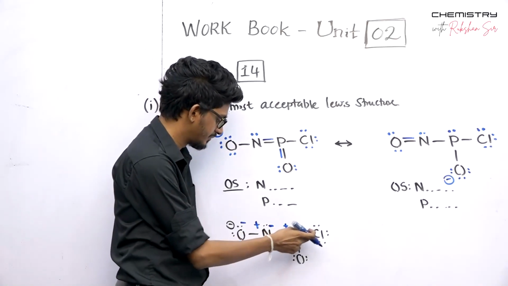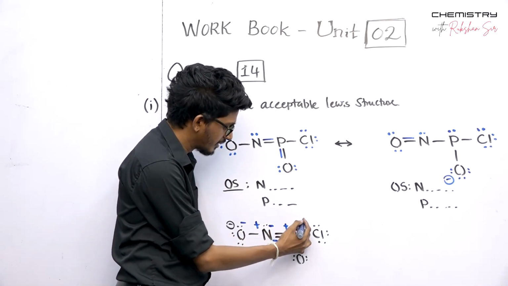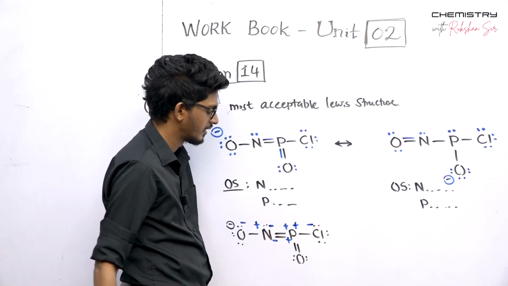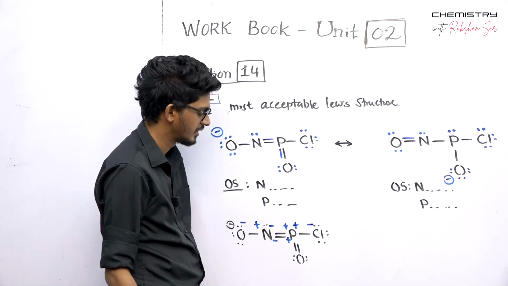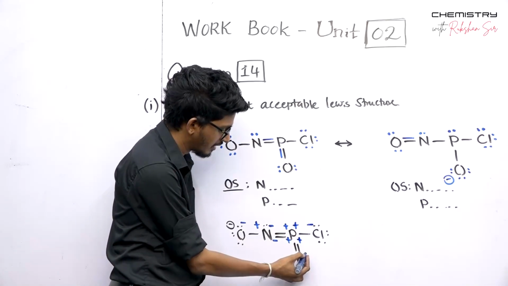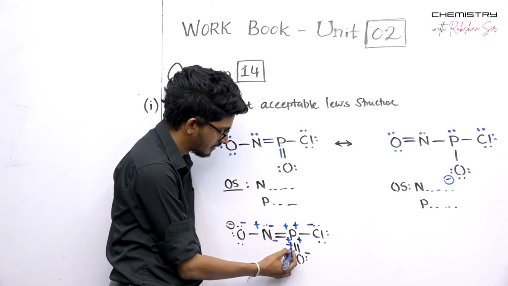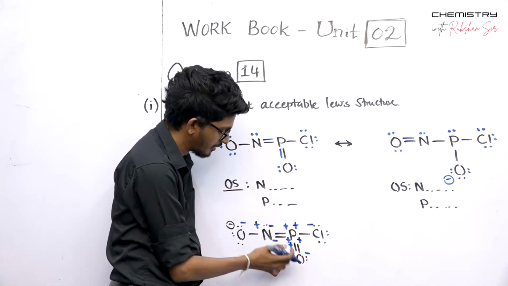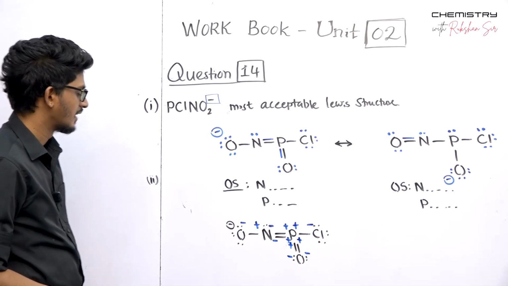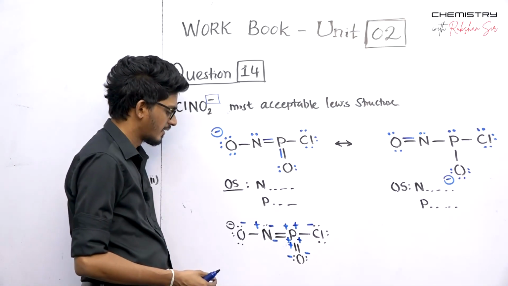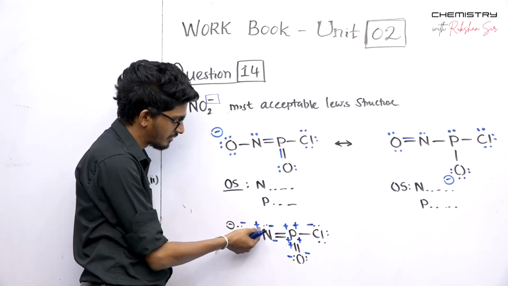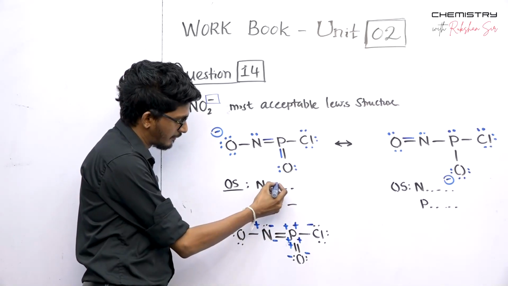Out of these, phosphorus gets a positive charge, chlorine gets a negative charge for this bond because chlorine is more electronegative than phosphorus. Out of these two bonds, again phosphorus gets a positive charge while oxygen gets a negative charge for both bonds because oxygen is more electronegative. So the charges around nitrogen are -1, -2 and +1, so altogether -1.